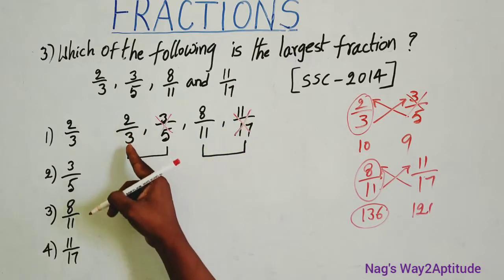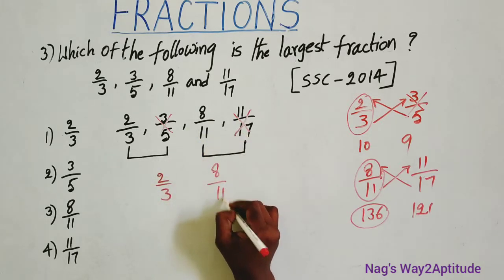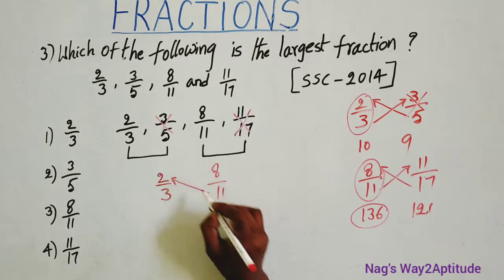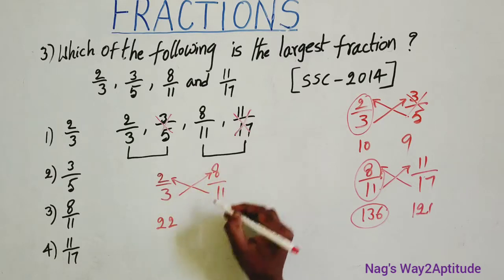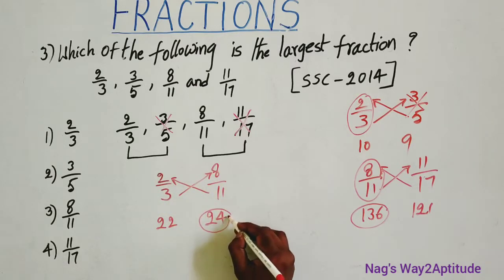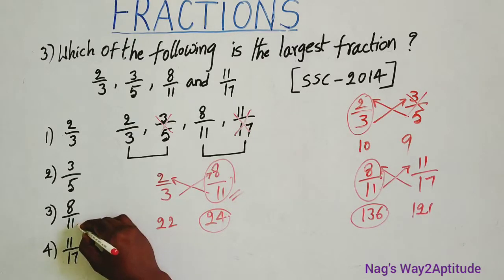So finally we got 2 by 3 and 8 by 11. Now compare these two again by cross multiplying. So 11 2s are 22, 3 8s are 24. Between these two, 24 is larger. Therefore, 8 by 11 is the largest fraction. So the answer is 8 by 11.